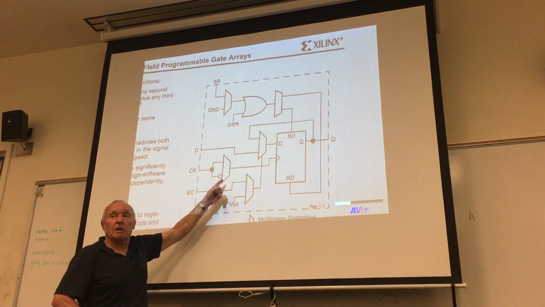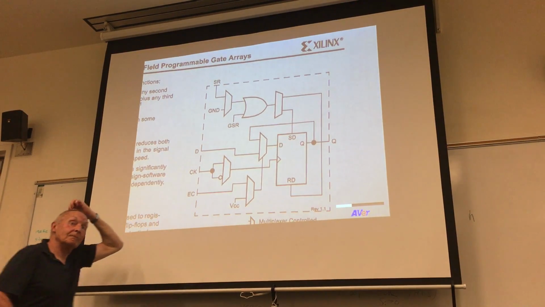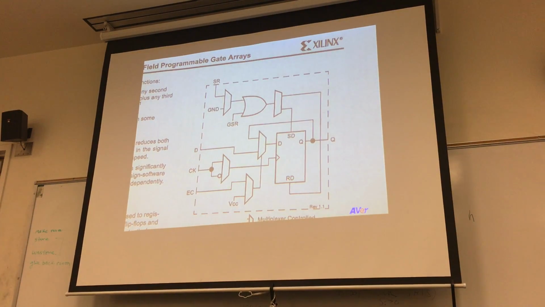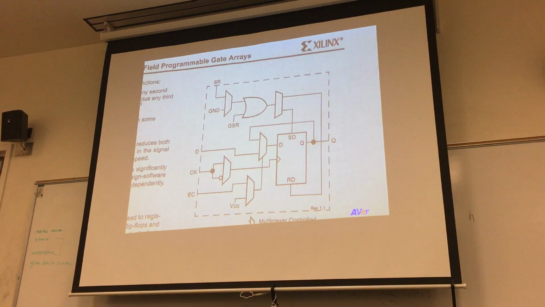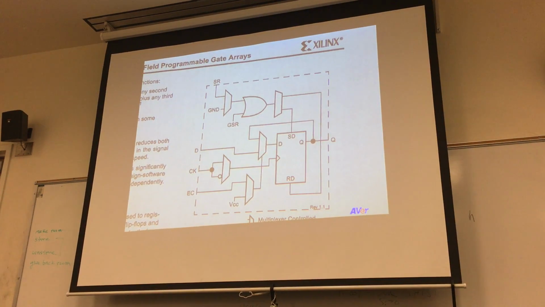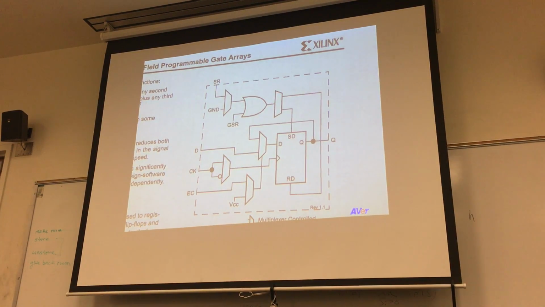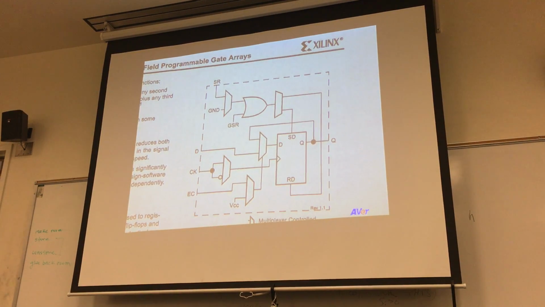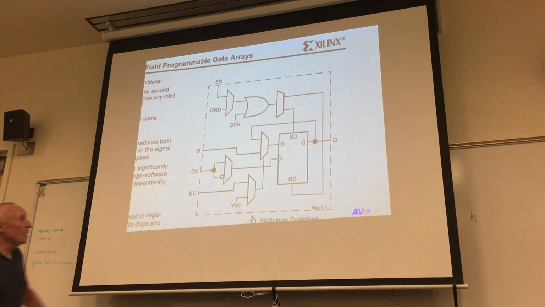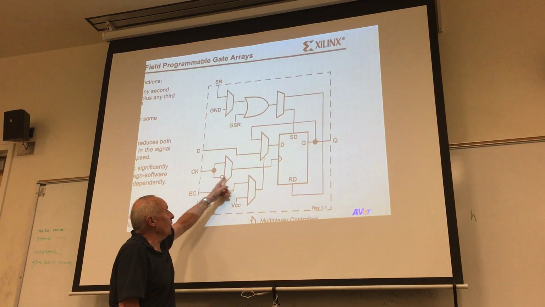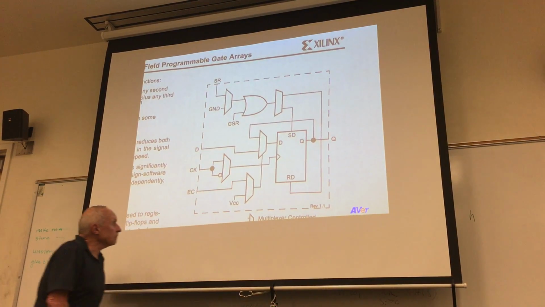What do you think that mux does? Positive and negative. It allows you to choose whether you want a positive edge or a negative edge trigger for that flip-flop, depending on which of these two inputs you use to drive the clock.